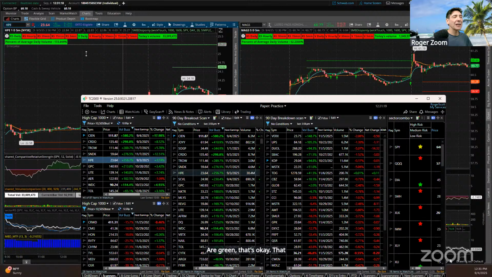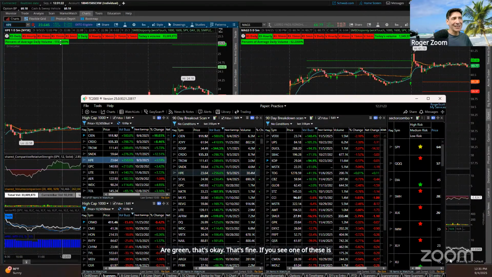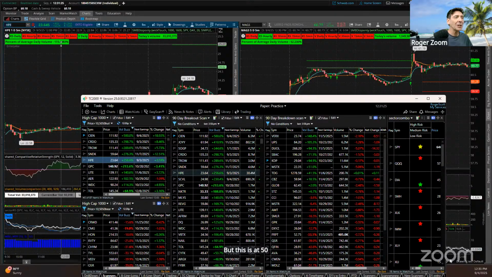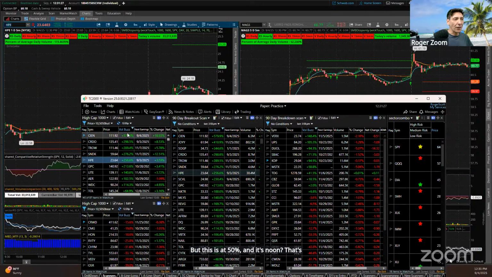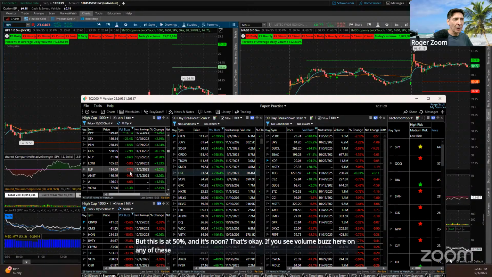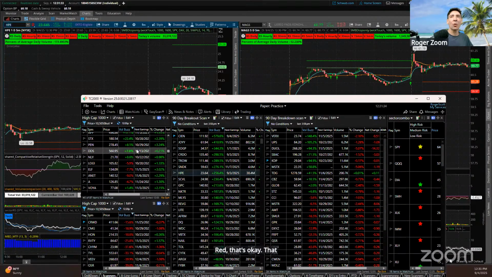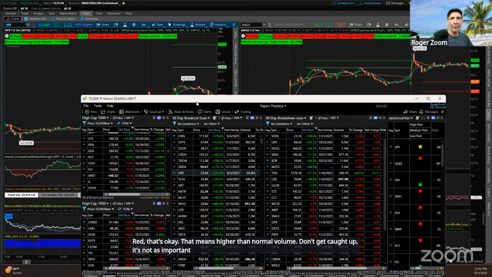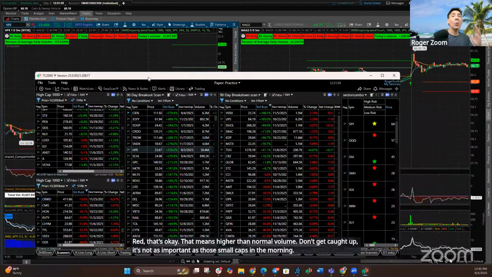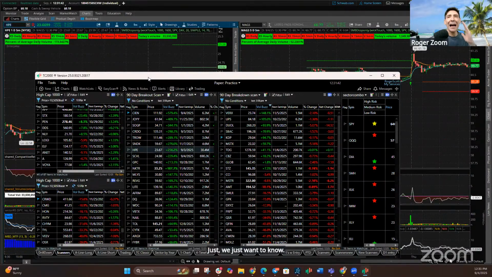If you see one of these is green, but this is at 50% and it's noon, that's okay. If you see volume buzz here on any of these beyond red, that's okay. That means higher than normal volume. Don't get caught up. It's not as important as those small caps in the morning. We just want to know, is volume a little higher than usual or is it average?